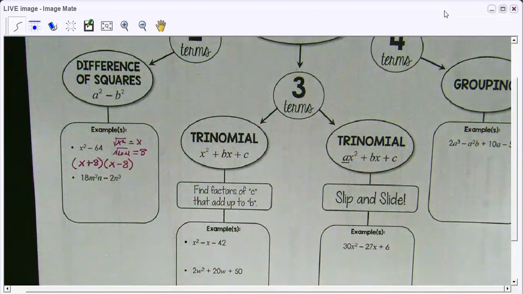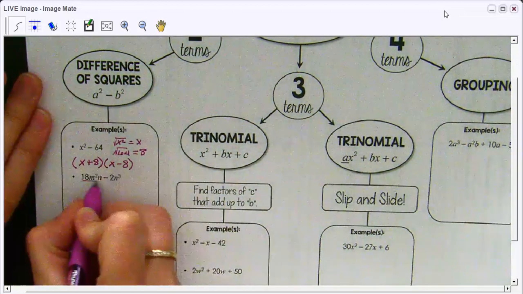Our first and second terms are not perfect squares. But what is the first thing we should do? Find the GCF and then divide by that GCF. So you already said that the GCF of the coefficient is 2. The variable is n. So we're going to divide both of these by 2n.